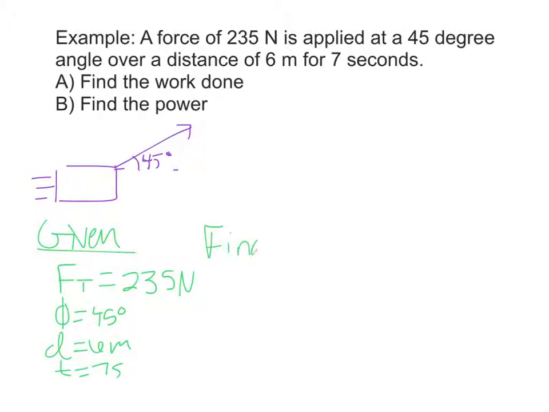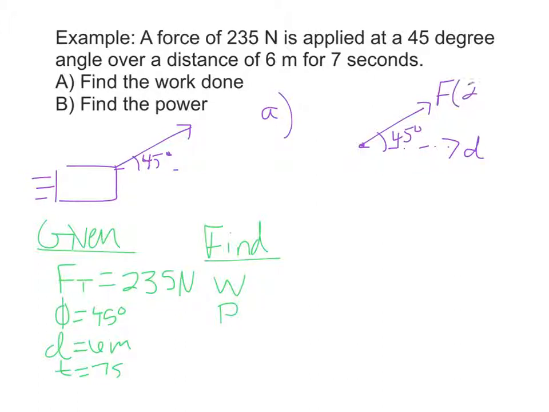Part A is asking us for the work. Part B is asking us for the power. So starting with part A, let's draw the work diagram. You've got the force applied in this direction. The object is moving this direction, and that's 45 degrees.